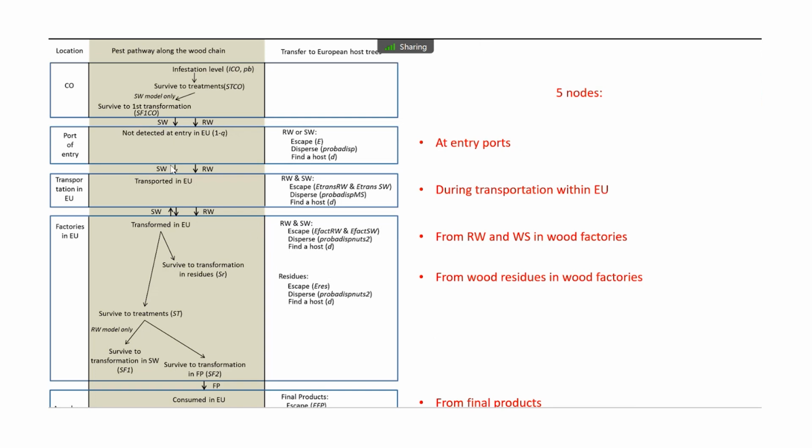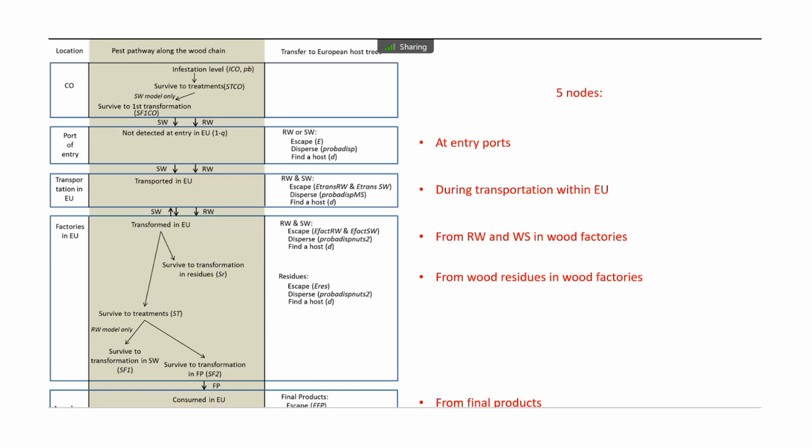If you see my mouse, then the wood enters in a port where there is a given probability of being detected or not detected. Then it is transported within the European Union, and then it is sent to wood factories to be transformed, and it goes until the consumer.